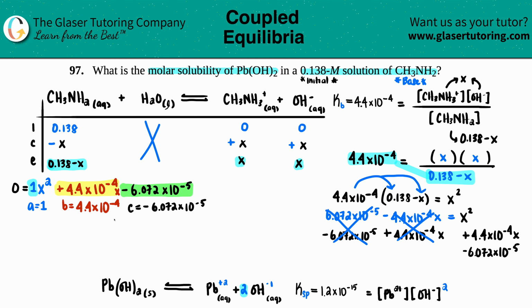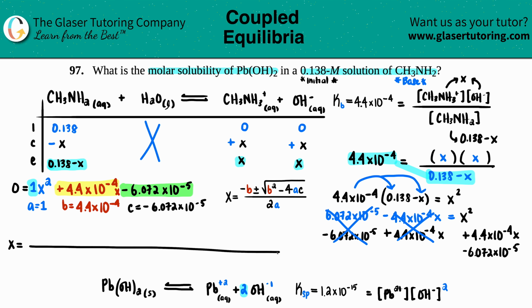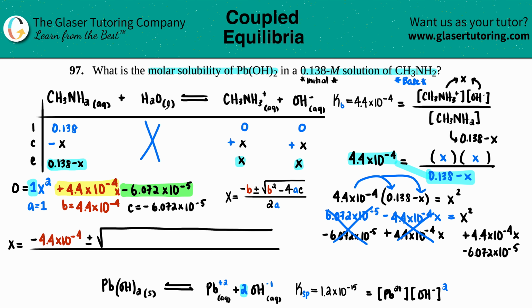And now I'm going to use my quadratic equation, which is this. X equals negative b plus or minus the square root of b squared minus 4ac all over 2a. So let's go for it. X equals a long division. Negative b. So the b was 4.4 times 10 to the negative 4th. And then it's plus or minus the square root of b squared.